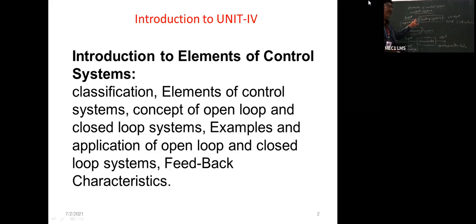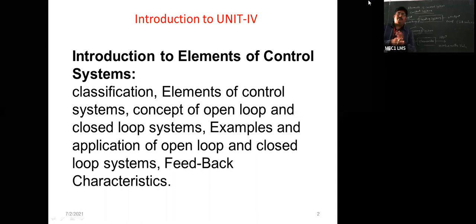Here the input is we are setting the required temperature to that system. And then what is the output? Whatever the set value is, that is the output. So whatever we set as input to that particular system, maybe it is very cold, we need the temperature in that room to be 32 degrees centigrade.